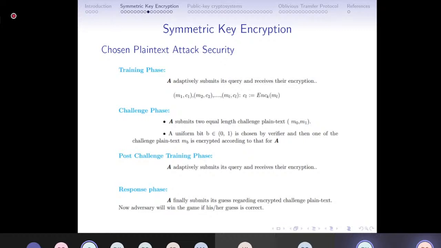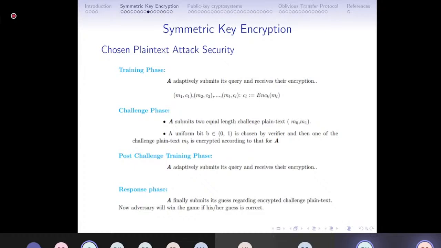Once the attacker receives the ciphertext, again he can choose a set of messages of his choice, and we get the set of ciphertexts using the encryption oracle.